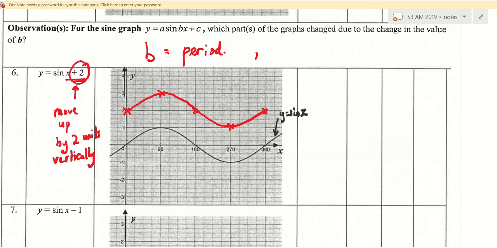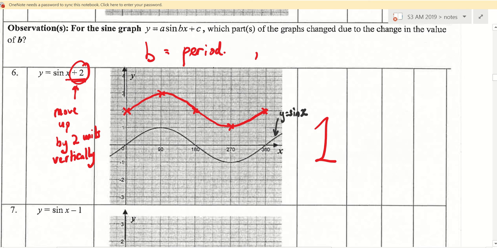Now that's the first one. If I ask about the amplitude, what is it? 3. Very good. The amplitude is actually 1. Why is the amplitude 1? Not because I moved the graph up. How do I measure the amplitude again? Vertical, the height.